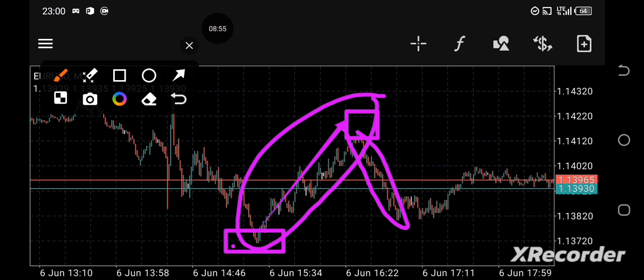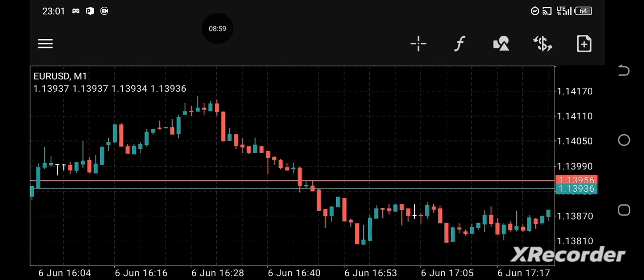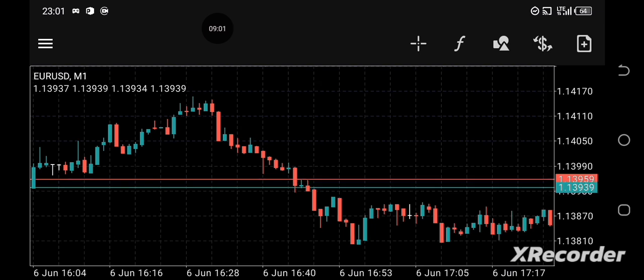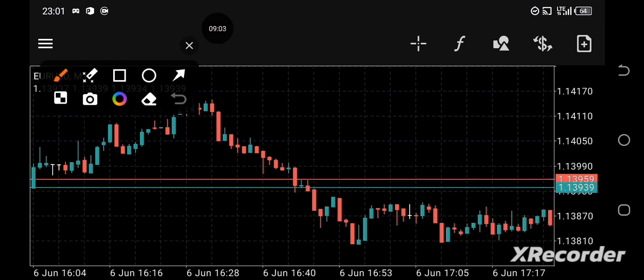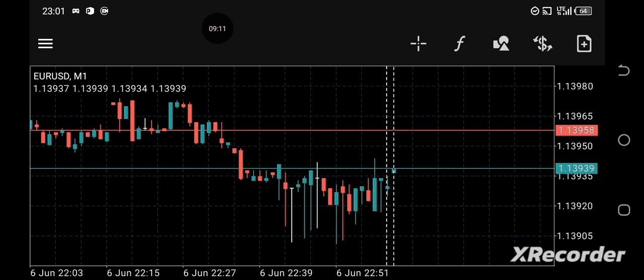Because you are on a live chart, like this is a live chart. Just look at this particular area. The market keeps opening from here. New candles keep coming out like this. Let me zoom out again.